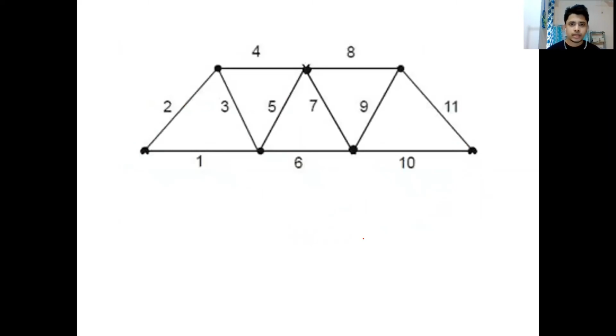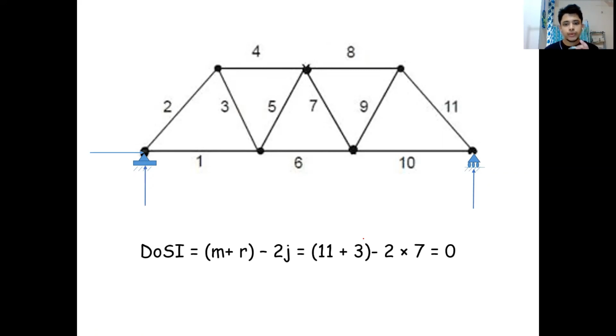Then this one, another example, we have roller and hinge support. So we will have 3 reactions, we have 11 members. So 11 plus 3, 14 will be the total unknown force. We have 7 joints, 7 into 2, that is we can write 14 equations of equilibrium. Now 14 minus 14 is equal to 0. That means the degree of static indeterminacy is 0.